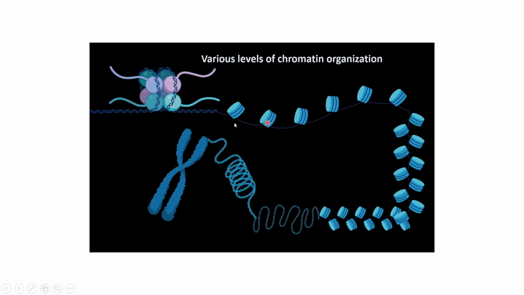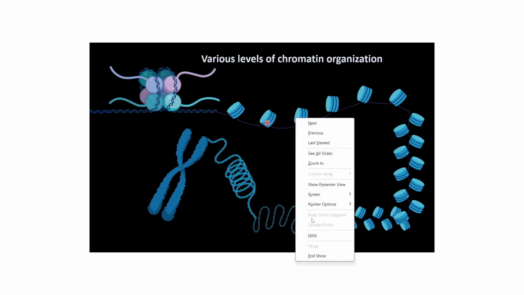So histone H1 will bind to the linker DNA, and it will allow the folding. Due to variation in the binding, it will allow the compaction of the DNA. By bridging the two nucleosomes, it will bring the two nucleosome core particles closer to each other, and it will bring the compactness. Okay.